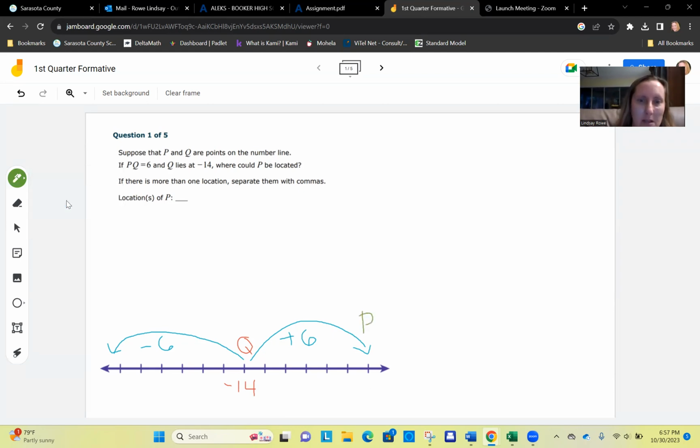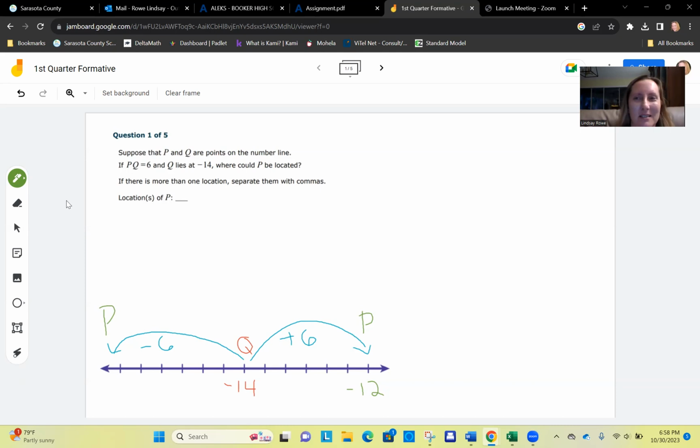So P could be here at -12, right? Now, it could also be at -16 and move to the left 6 units. So here's the other place that P could be. If I owe you $14 and I say, hey, can I borrow $6 more? How many dollars do I owe you?